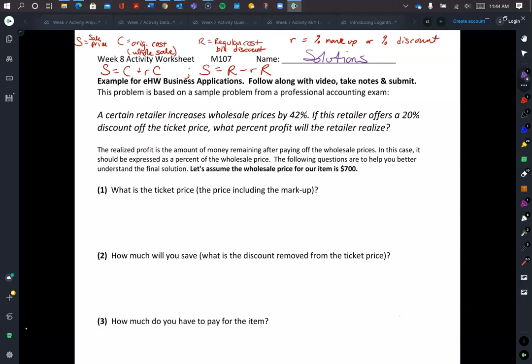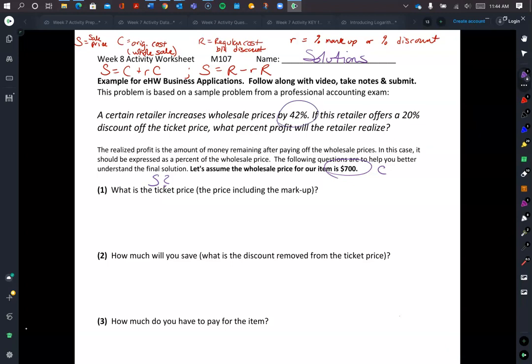What is the ticket price, which is the price including the markup? So if we have a wholesale price of $700, that would be our C. And then we want to know what S is, what we're trying to find. We are given the 42% for the markup.